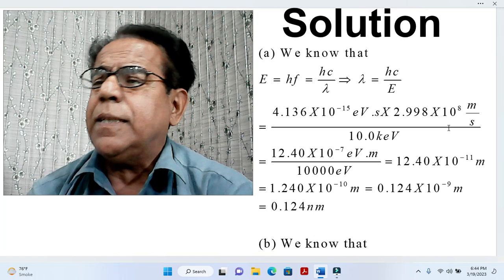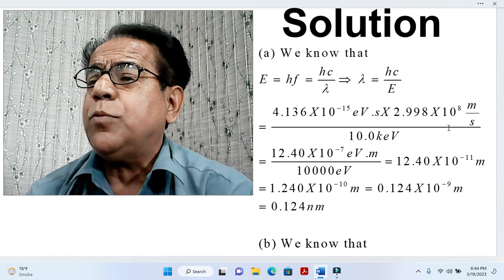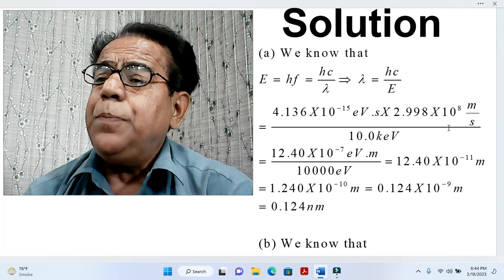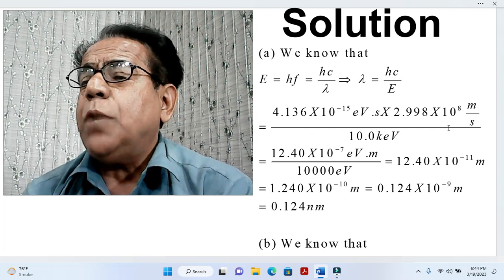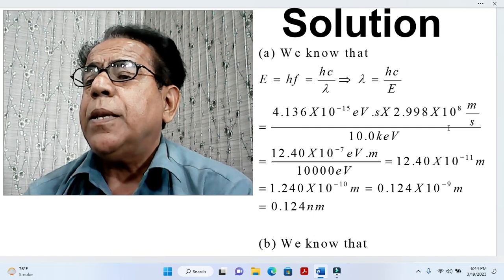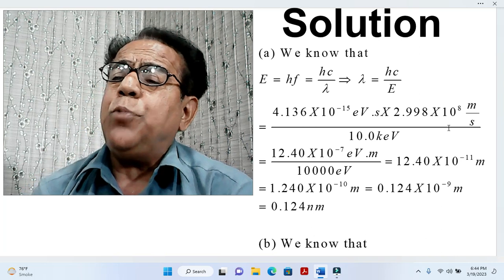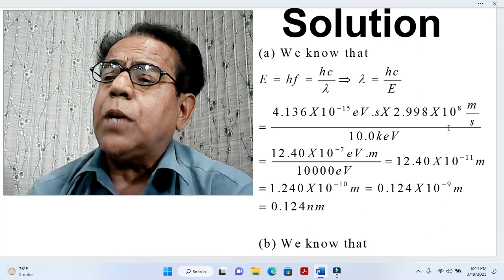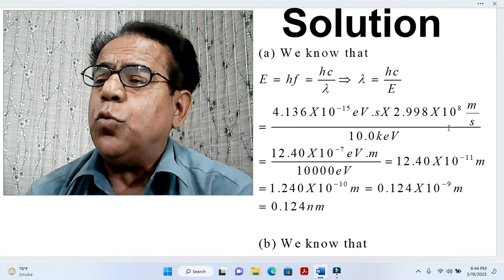Okay, nothing extraordinary. So dear students, here second will be cancelled out with second. Moreover, electron volt will be cancelled out with electron volt. In the next step, in place of 10.0 kilo electron volt, we have written it as 10,000 electron volt.